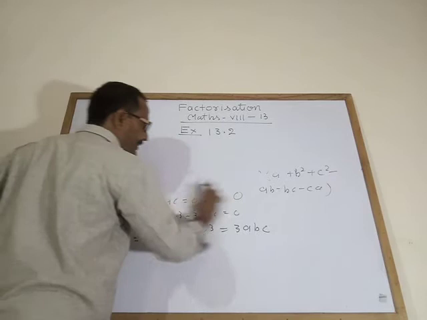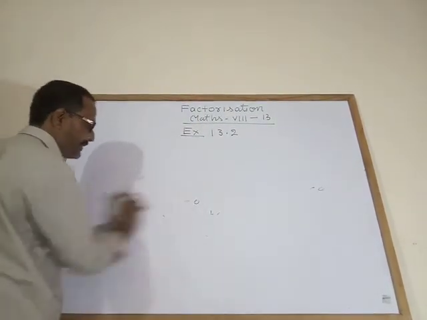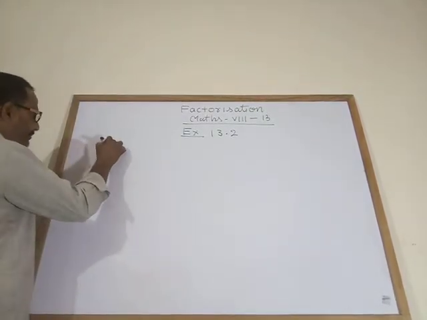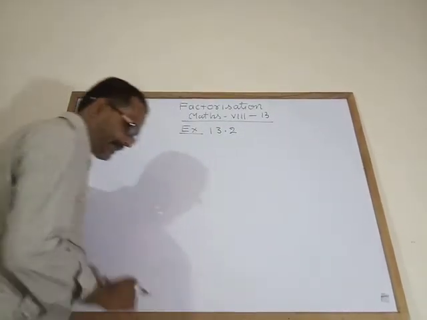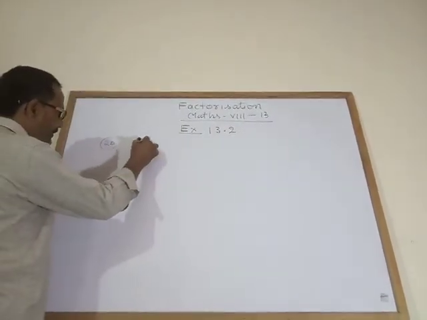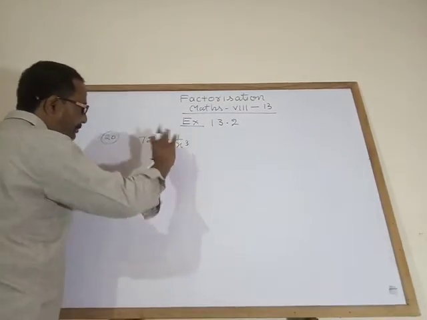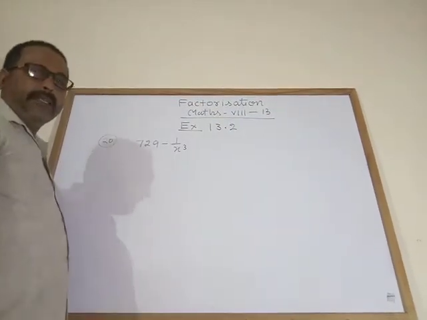Now see, in the same exercise, question number 20 is given: 729 minus 1 upon x cube. Factorize. The name of the chapter is factorization.